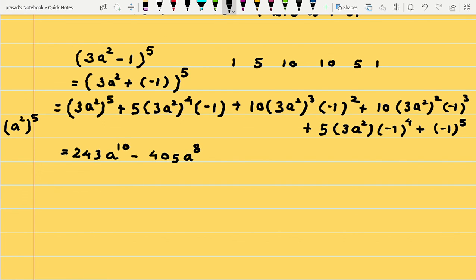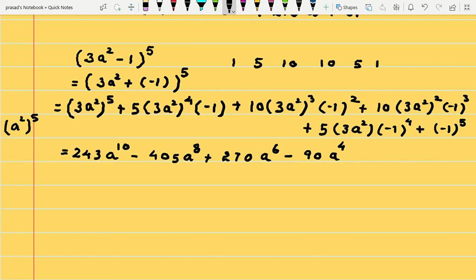In the next term, negative 1 square, that will be positive 1, so the next term should be positive. 3 cube is 27 into 10, 270, and a to power 6. In the next term, negative 1 cube is negative 1, so this sign will be negative. 3 square is 9, so this will be 90, and a's power will be 4.